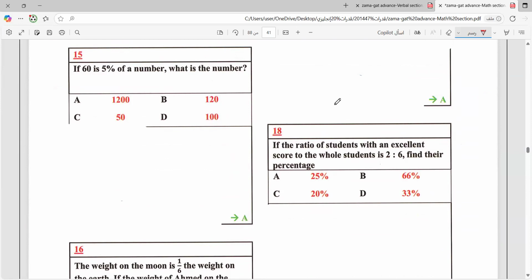Okay. Now number 15. Read. 60 is 5% of a number. What is the number?